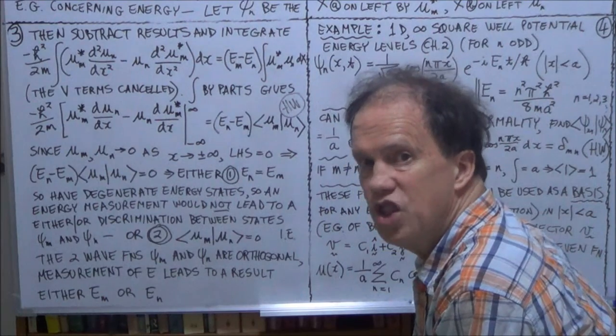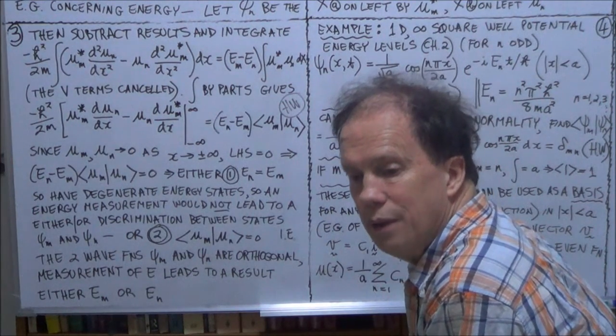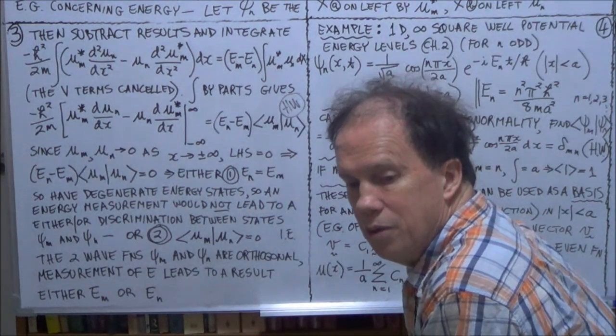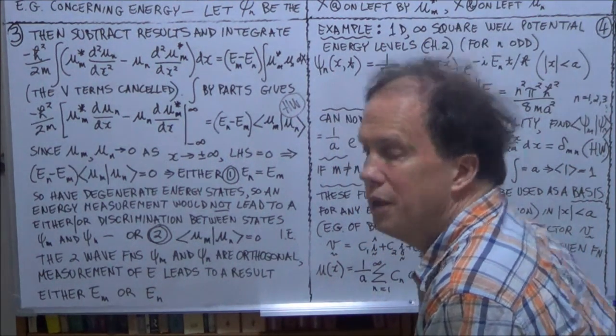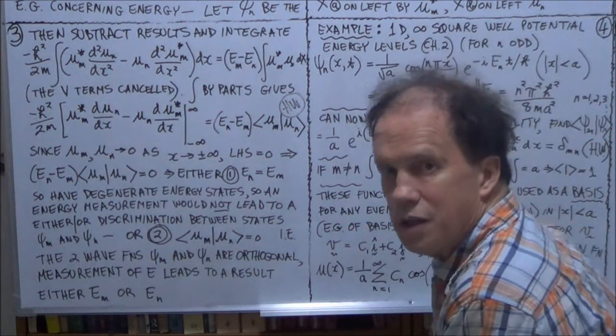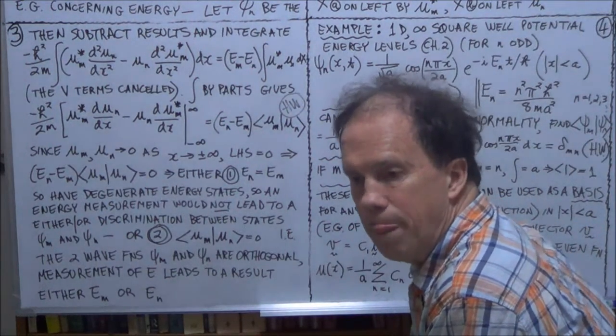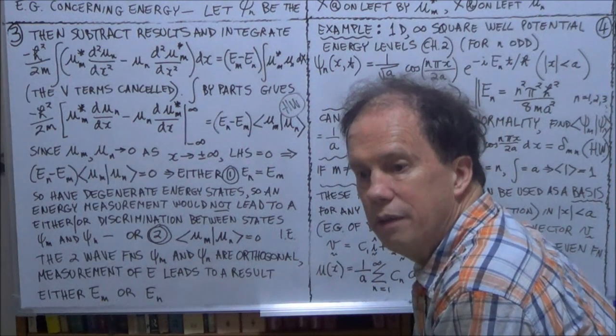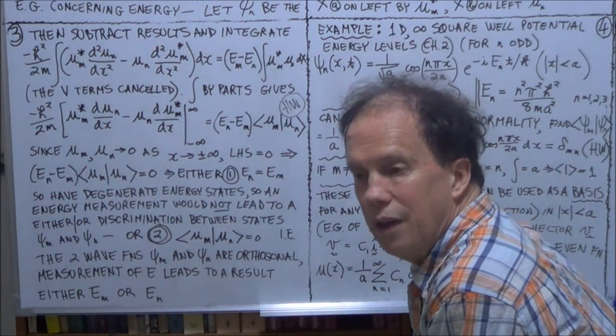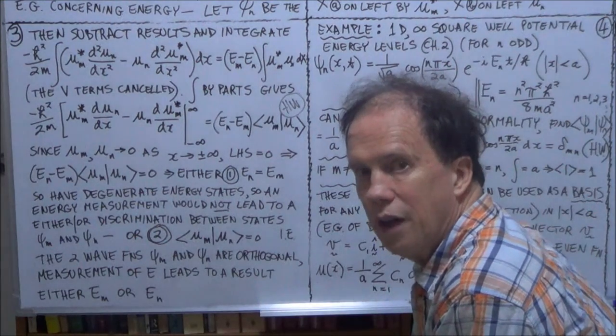Remember, the definition of degeneracy is when you have two eigenstates that have the same eigenvalue. Now, in this case, the Schrödinger equation is an eigenequation. The wave functions are eigenstates, and the allowed energies are the eigenvalues.